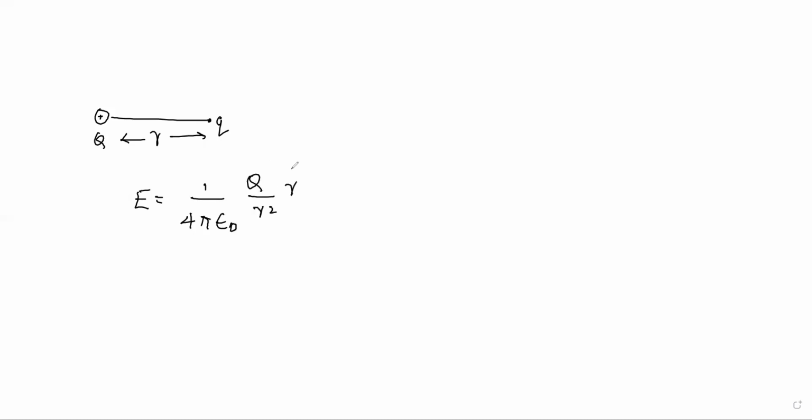That is, we considered one positive charge Q and one more point charge, and the distance between these two charges was R. We considered the distance as R, and then we arrived at the mathematical expression, that is E is equal to 1 by 4 pi epsilon naught, Q by R square into R hat.